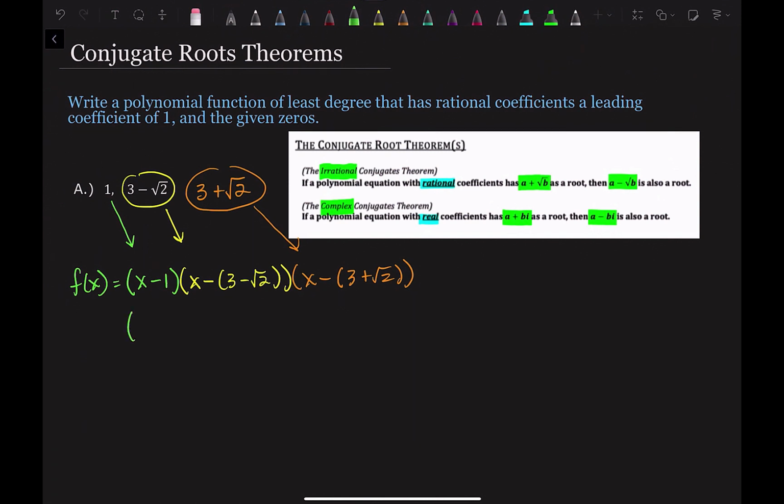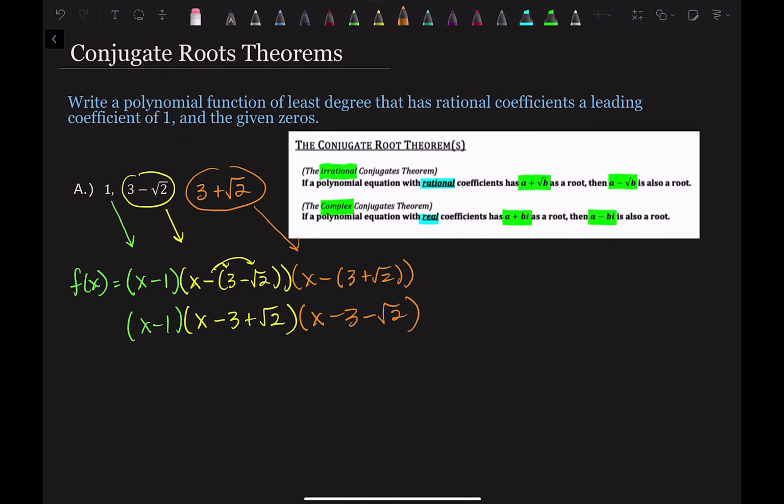I'll stop copying the f of x part until the very end. But we can simplify that minus parenthesis in these, so distribute a minus to both of those terms. You get negative 3 plus root 2. And it looks a little bit better already. We'll do the same thing in orange: x minus 3 minus root 2.